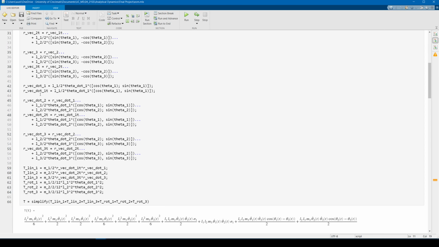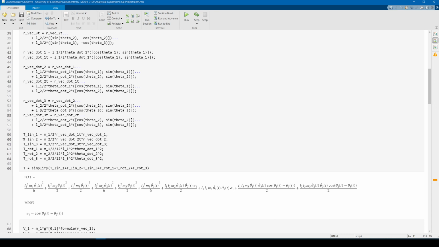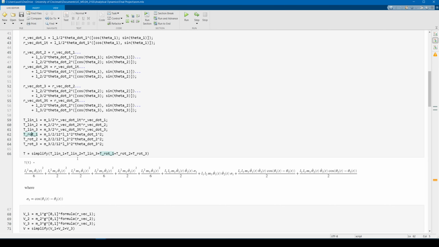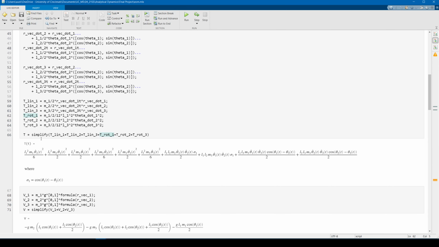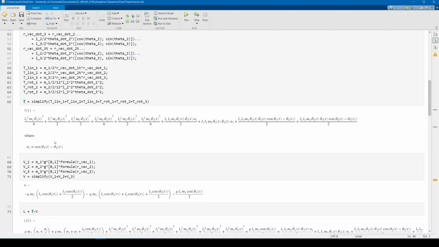Here we have the derivatives of that first vector, second vector, and third vector. Here we're calculating our linear kinetic energy, and here we have our rotational kinetic energy. Then we add them all together and simplify to get the total kinetic energy given by this equation here.